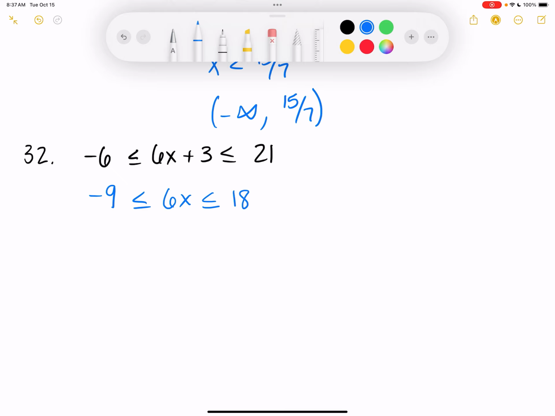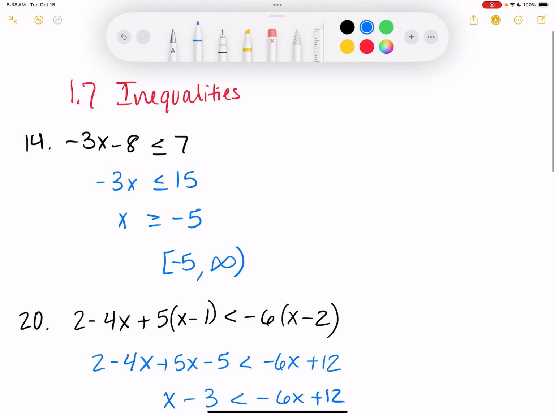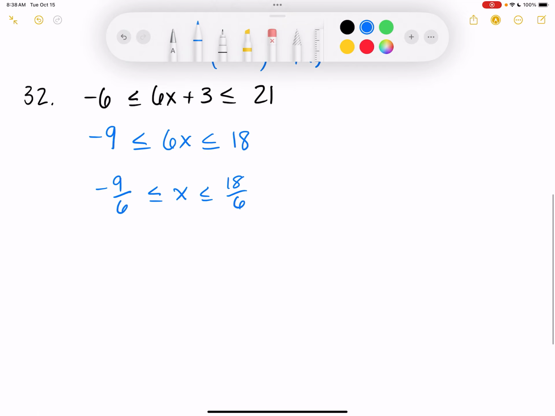Then divide by 6 all the way across. So this would be negative 9 over 6, which I will reduce, is less than or equal to x less than or equal to 18 over 6. Just to make sure we understand, if that 6 was negative, both inequalities would flip, just like they did in the earlier one when we divided by a negative.